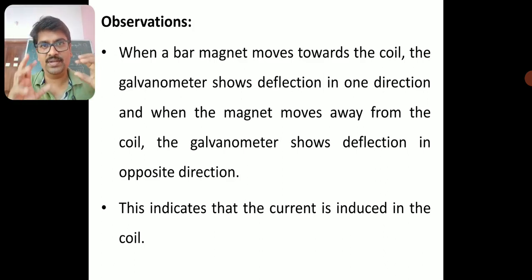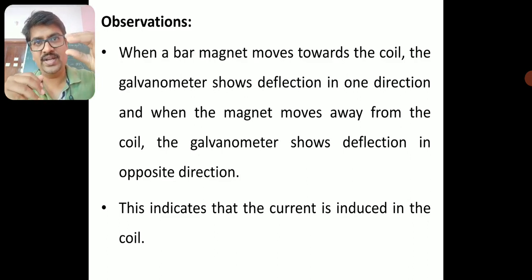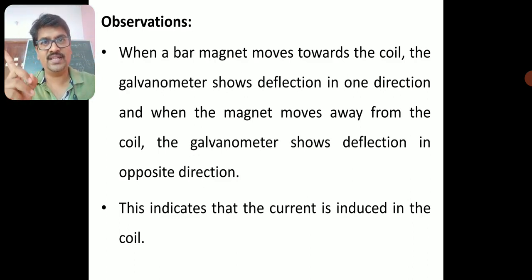Did you get the point? When the magnet moves towards the coil, the galvanometer shows deflection in one direction. If it moves away from the coil, it shows deflection in another direction. It means that if you move the magnet towards the coil, current flows in one direction. If you move the magnet away from the coil, the current is reversed.